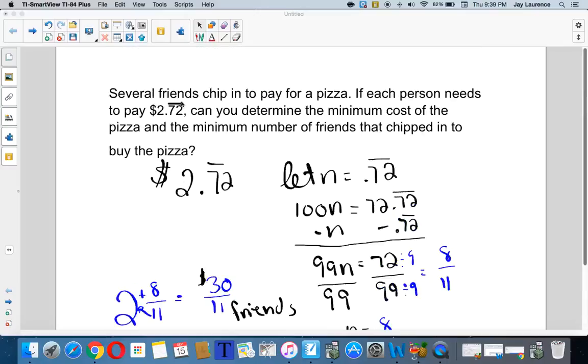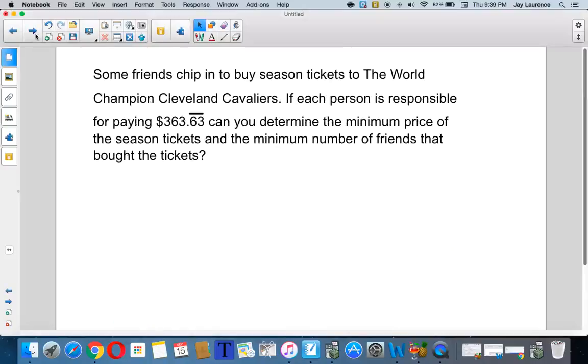All right, let's try another one. Some friends chip in to buy season tickets to the world champion Cleveland Cavaliers. If each person is responsible for paying $363.63 repeating, can you determine the minimum price of the season tickets and the minimum number of friends that bought the tickets? Now, you guys wouldn't know this, but in the 90s, the Indians were an incredible team, especially in 94, 95, and 97 was kind of a surprise year.